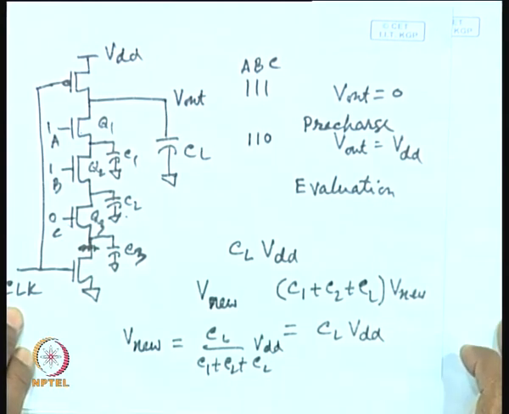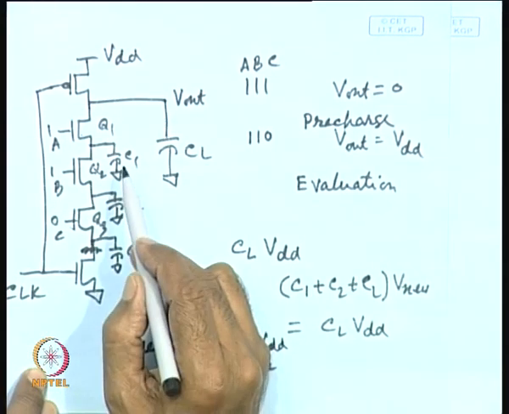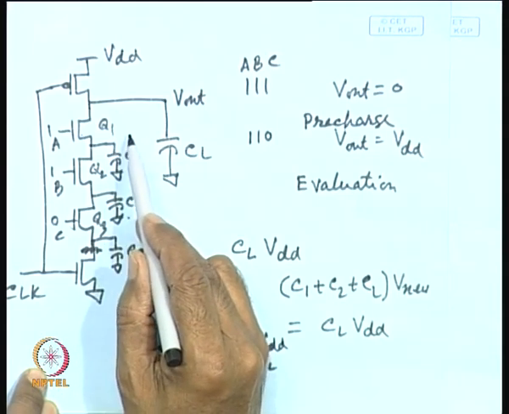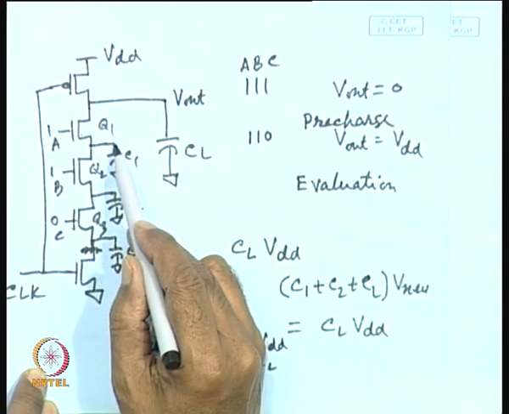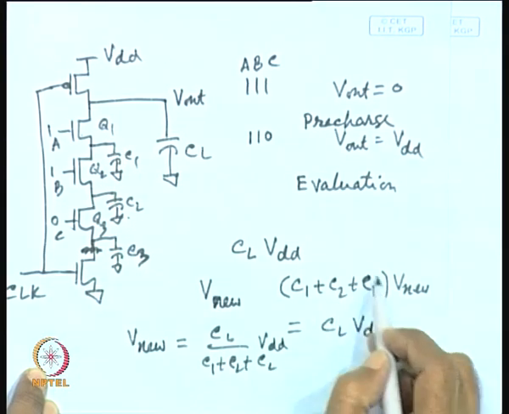Of course, here I have not taken into consideration that this capacitor will not charge to VDD, but it will charge to VDD minus VT. That of course you can take into consideration.